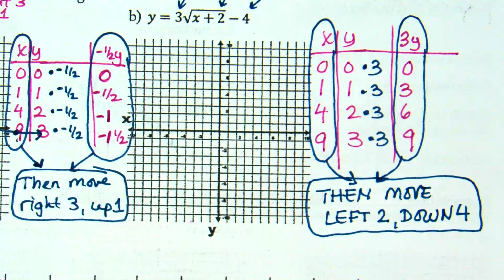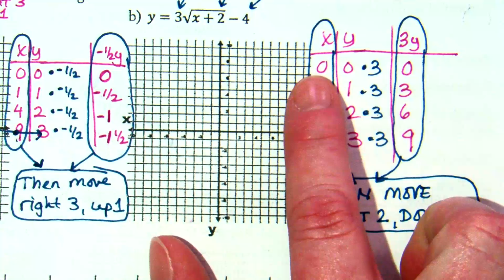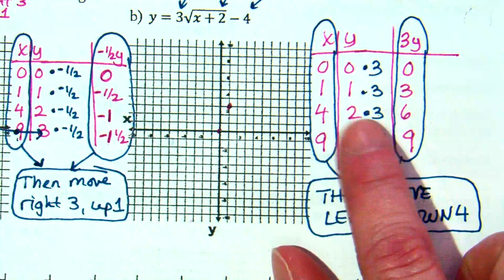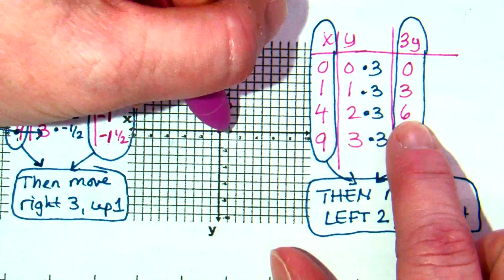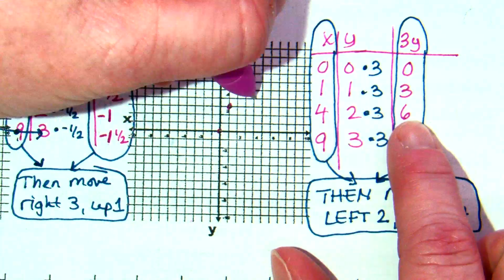Instead of 0, 0, we're doing 0, 0. Instead of 1, 1, we're now going to do 1, 3. Instead of 4, 2, 4, 6. Instead of 9, 3, 9, 9.